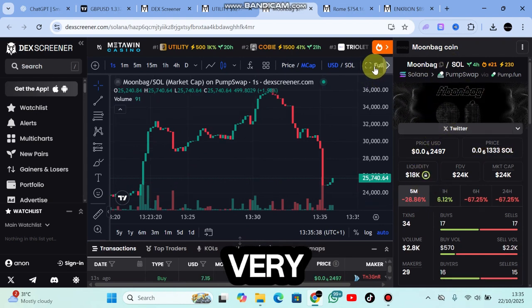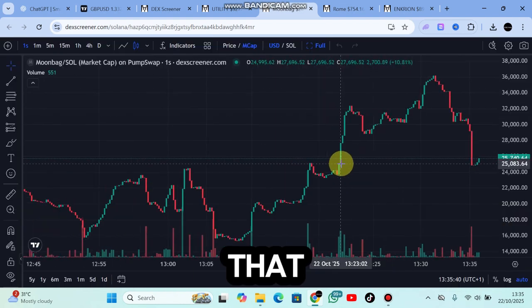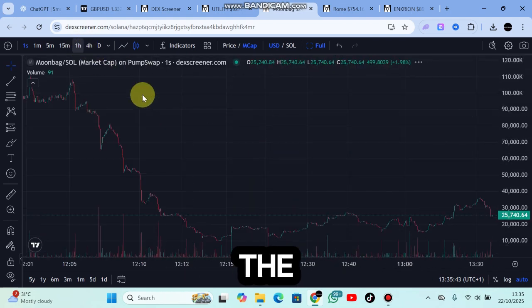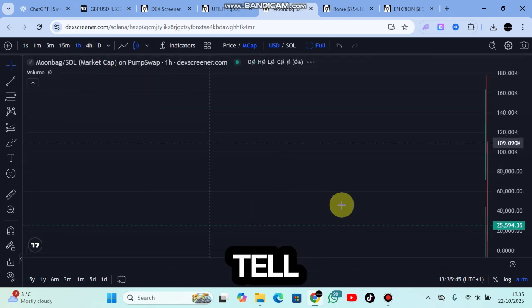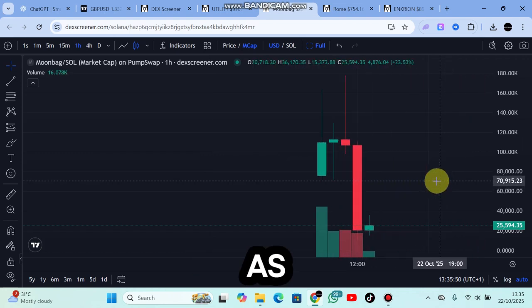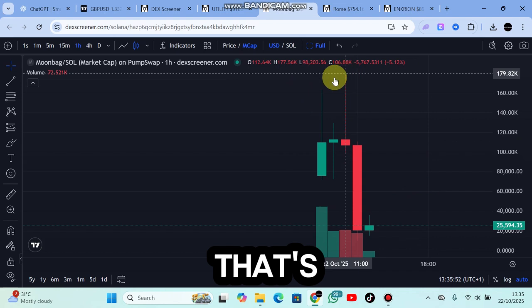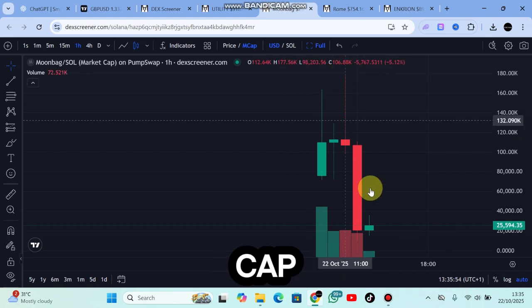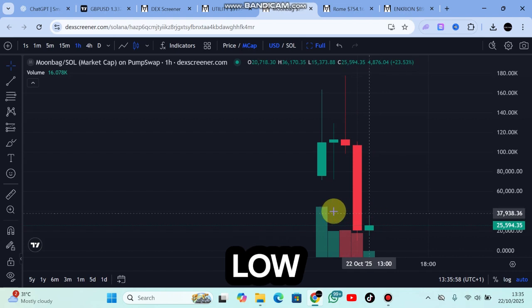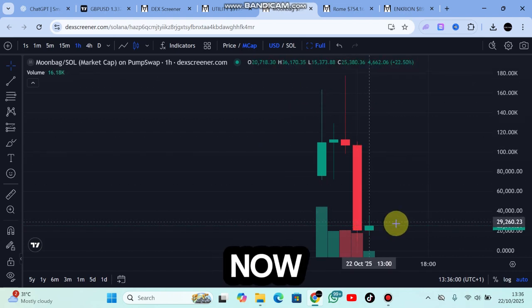Very important, because right now it seems that they are dumping the coin. Let me see the highest point the coin has gone to. Okay, the highest point is about 180k market cap, and 20k market cap is the low. The coin went to 180k market cap, man.